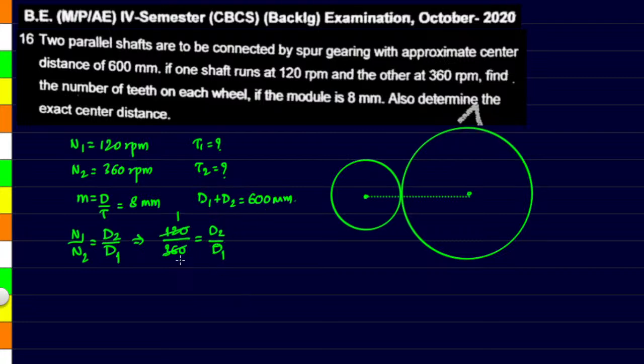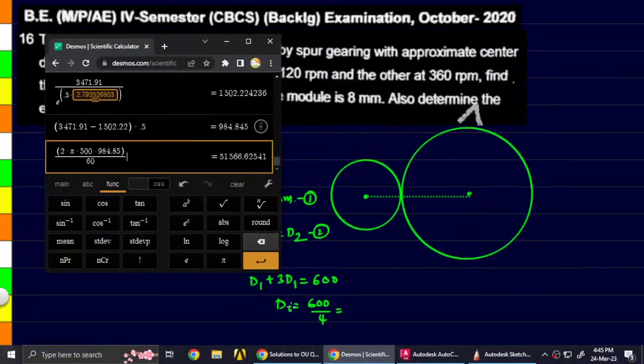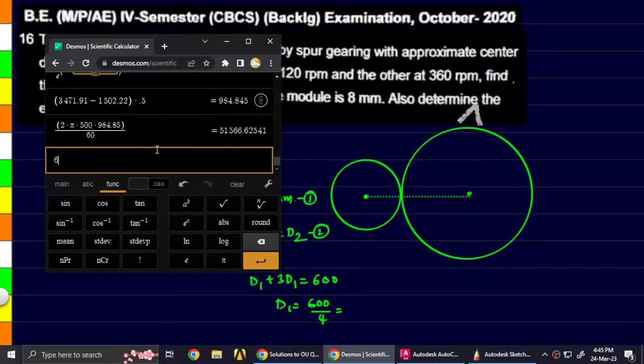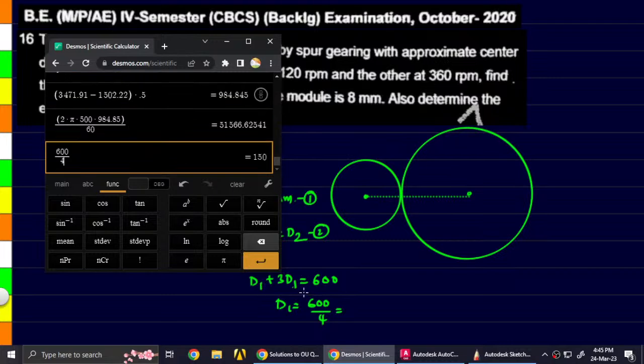So this just simply reduces to 1 by 3. So 3 times D1 equals D2 is one relation we get. This is equation 1, and the sum is equation 2. We need to just solve them by substitution. So D1 plus 3 times D1 equals 600. So D1 equals 600 by 4, which gives us 150.